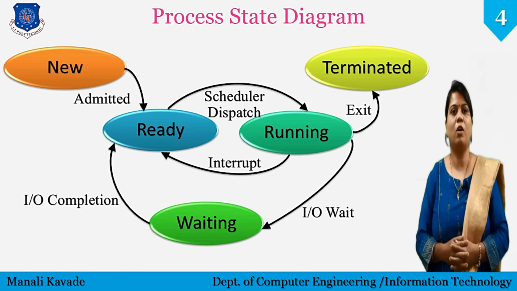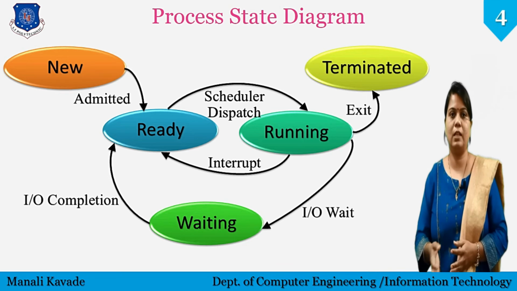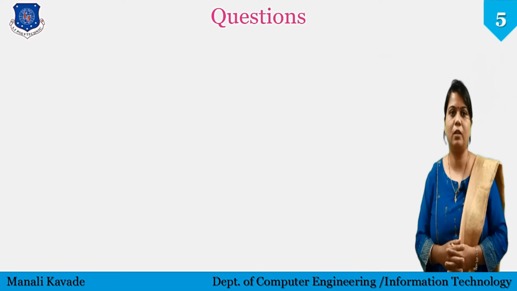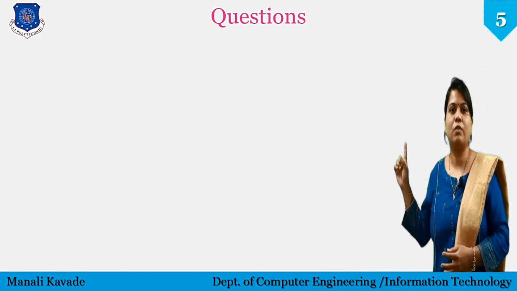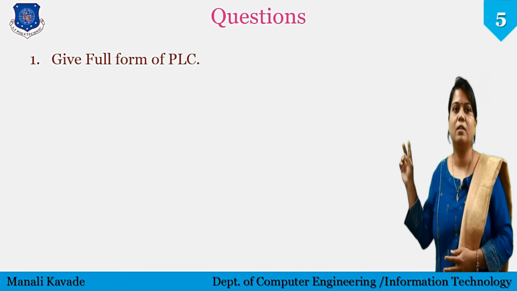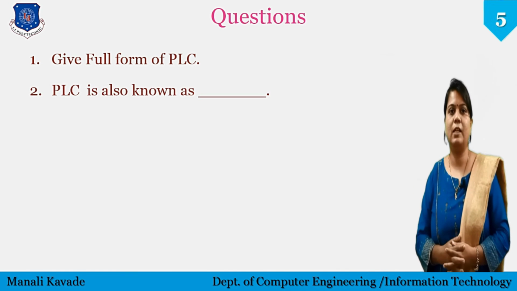So this was all about today's session. Now we will see few questions related to this topic. The first question is, give full form of PLC. Second one is, PLC is also known as dash.